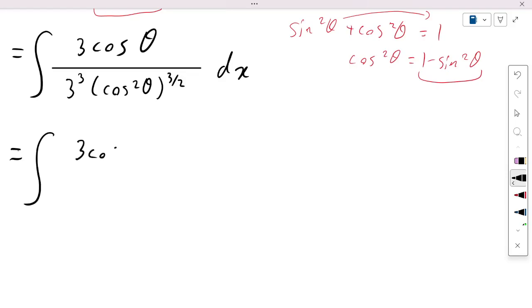Integral of 3 cosine theta divided by, and then we're going to have 3 cubed over here.